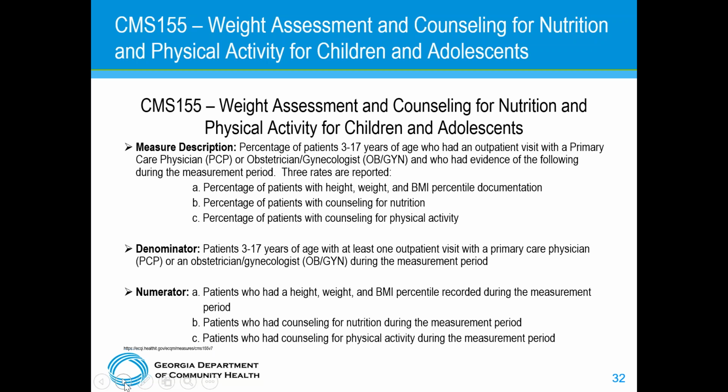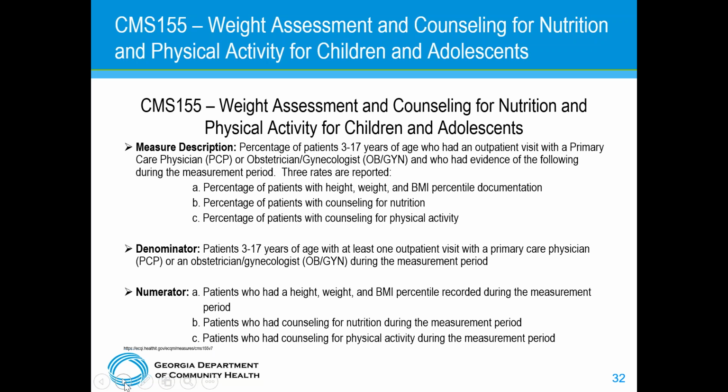We're looking for the percentage of patients 3 to 17 years of age who had an outpatient visit with their PCP or their OBGYN and had evidence of the following: percentage of patients with height, weight, and BMI percentile documented, the percent of patients with counseling for nutrition, and those with counseling for physical activity.